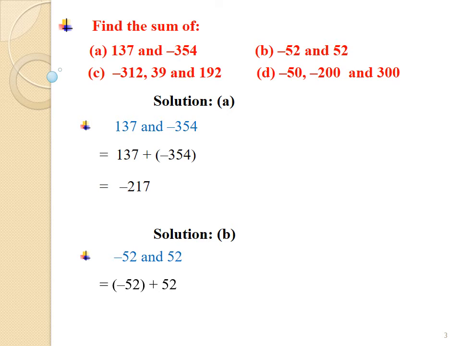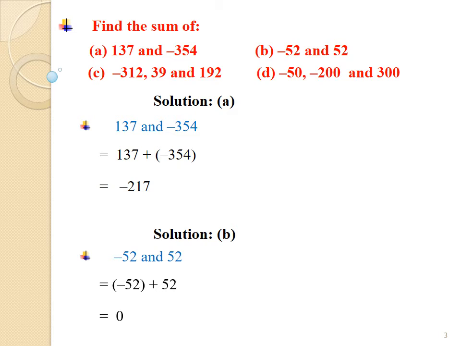Thus, subtracting 52 from 52, we get 0. Thus, minus 52 plus 52 equals 0. Students, note that the sum of an integer and its opposite is always 0.